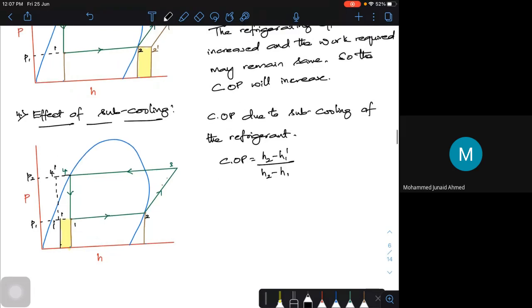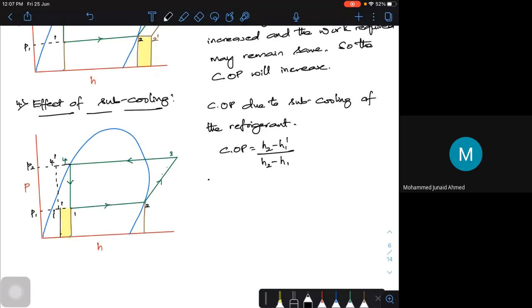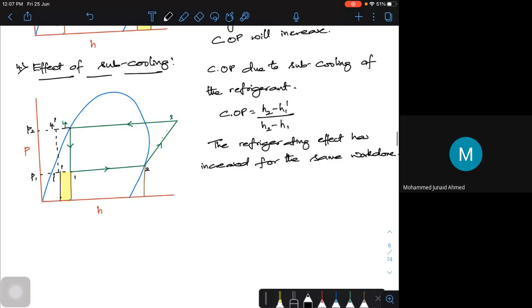So the refrigerating effect has increased for the same work done, for the same work input. So the COP will increase.